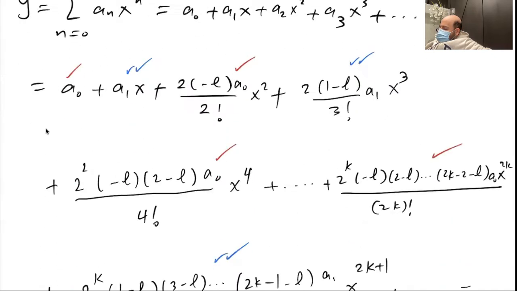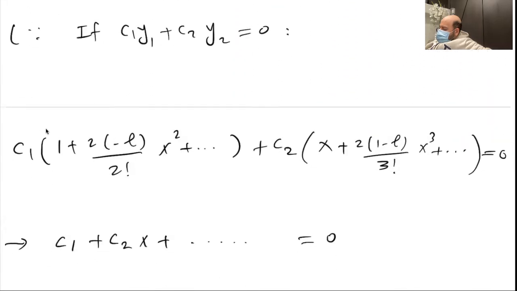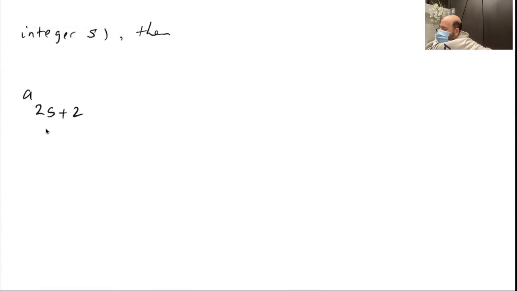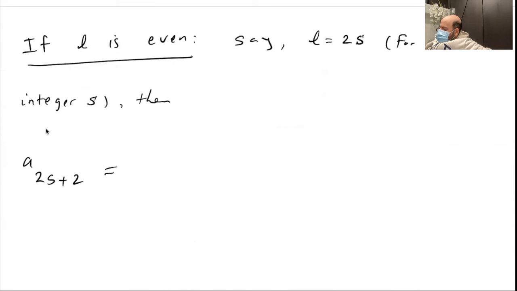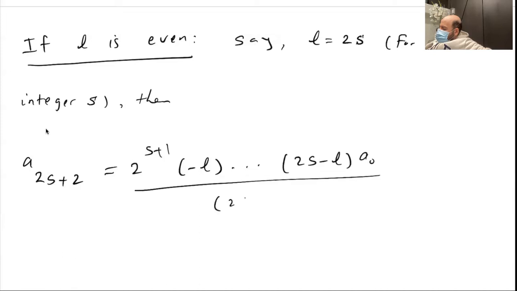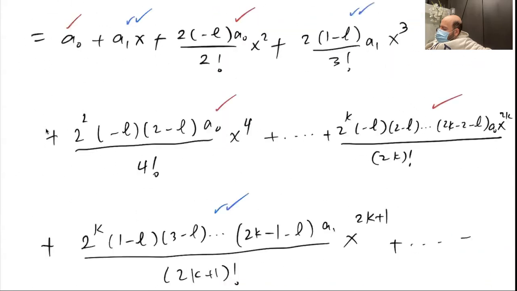So I would have 2 to the power s plus 1 times minus L all the way to 2s minus L, a0 divided by 2s plus 2 factorial. Let me call this formula that I'm using formula star.